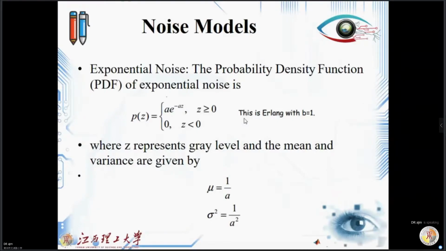Something that should be noted here is that the mean value and the variance have another formula for calculating. And if we want to see the shape, it's a purely exponential function, with z as the gray level value, mu as the mean value, and the standard deviation has one formula to calculate.